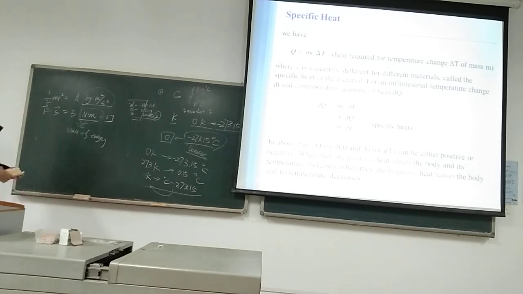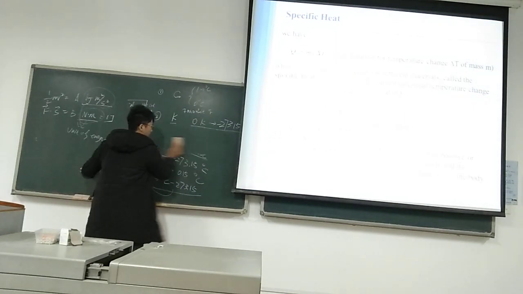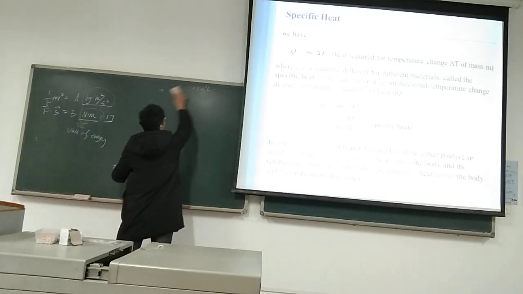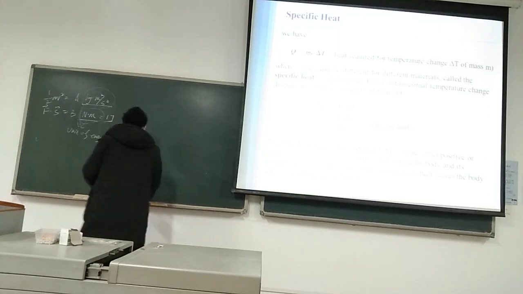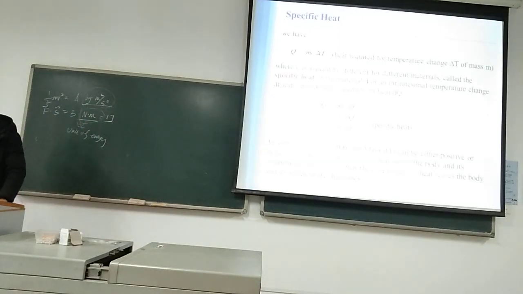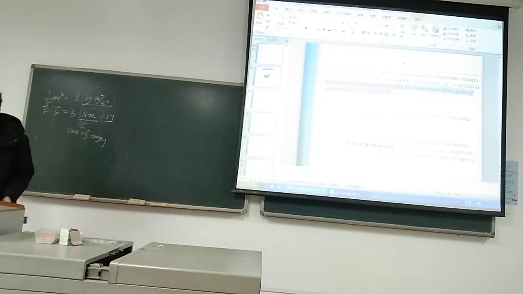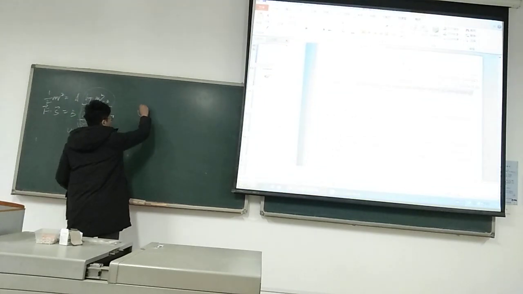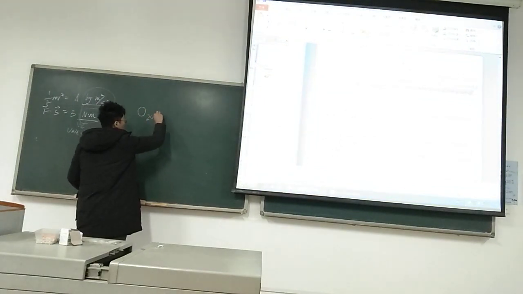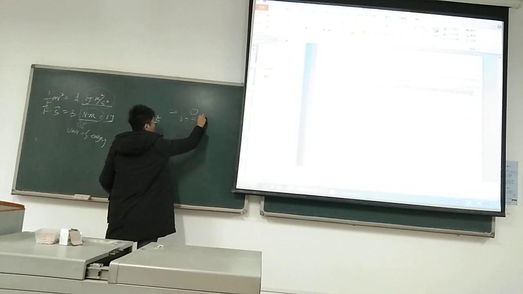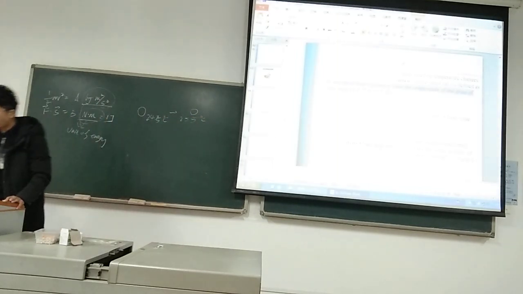The definition of specific heat. If you remember, there is a definition of 1 calorie, the amount of heat required to raise the temperature of 1 gram of water from 24.5 to 25.5 centigrade.